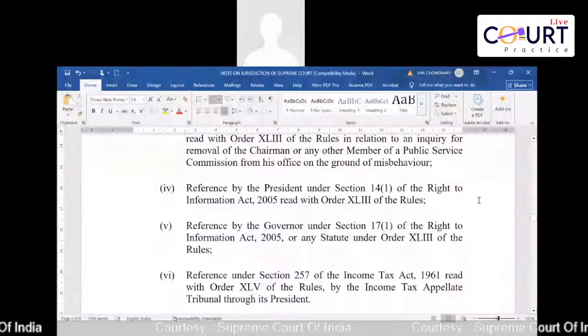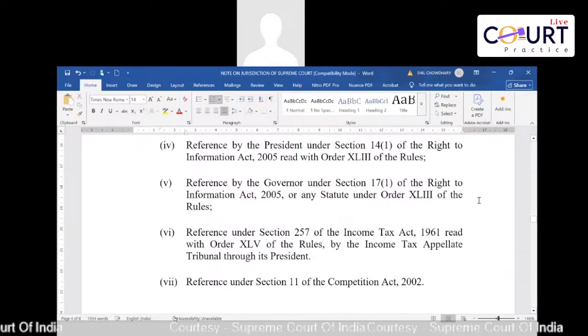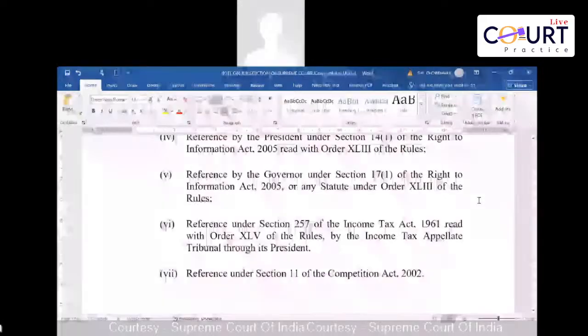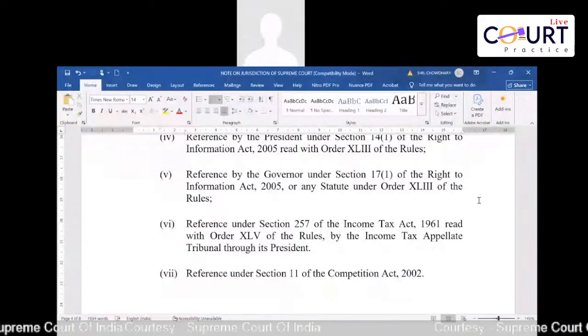A reference can be made by the President under Section 14 of the Right to Information Act if a Chief Information Commissioner is sought to be removed. Similarly, a reference can be made by the Governor to the Supreme Court under Section 17 if the State Chief Information Commissioner is sought to be removed.